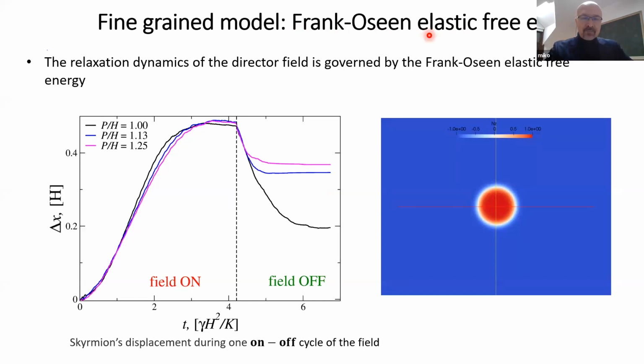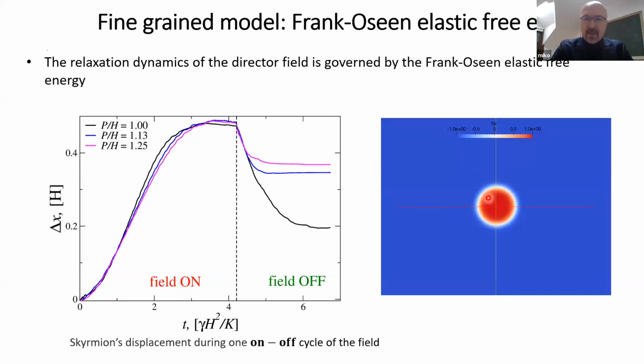And then we can minimize the full continuum Frank-Oseen elastic free energy for the experimental matching conditions and look at the formation of the director field. So what I show in this right panel is a cross-section through the three-dimensional cell where we see this starting configuration of skyrmionic type.